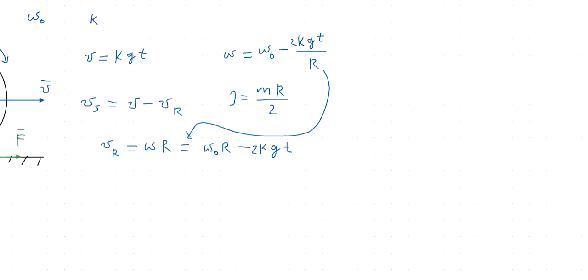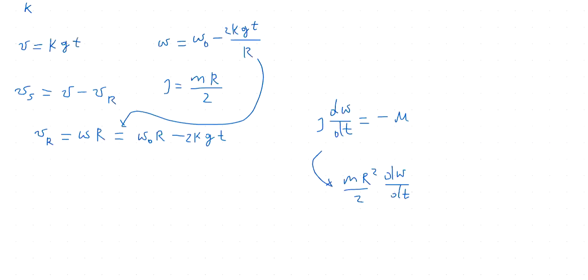Why did this 2 occur? Because we had an equation of dynamics before. We had the equation of dynamics, and from here we had that m r squared divided by 2 d omega by dt was equal to minus k g t r.